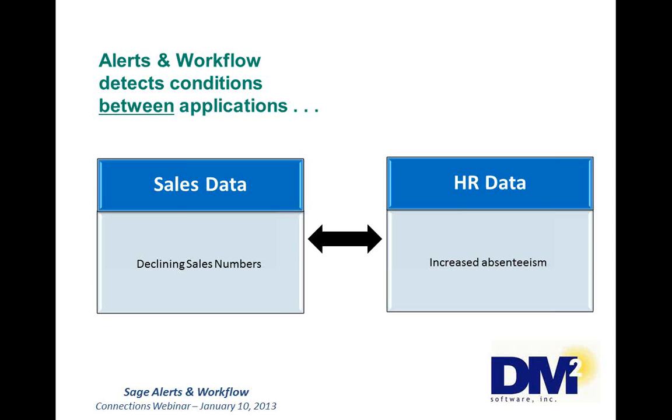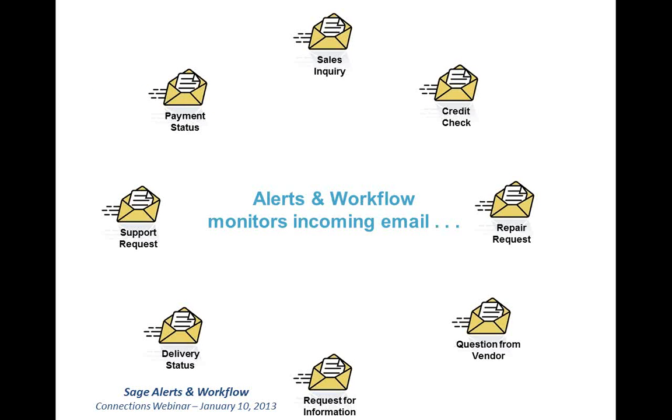Here we've got an example of that cross-application monitoring. Because truly, you often need to take a look at the whole picture. Sometimes you can't judge success or failure based upon just one part of your business or one department. Look at the whole picture and then determine the appropriate action that needs to be taken.